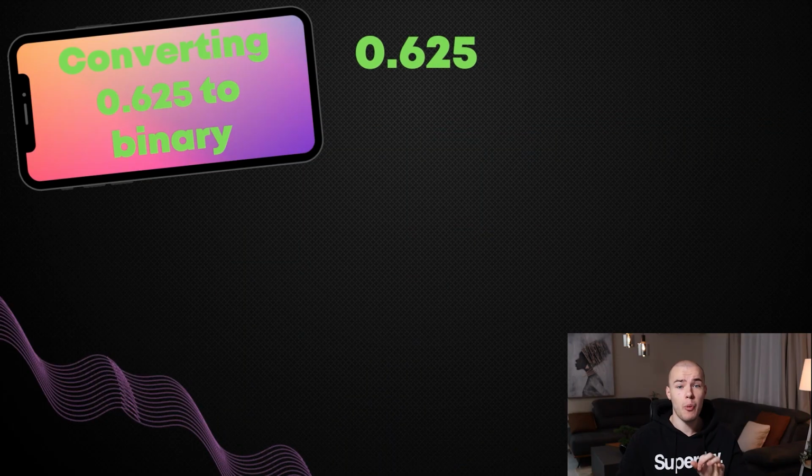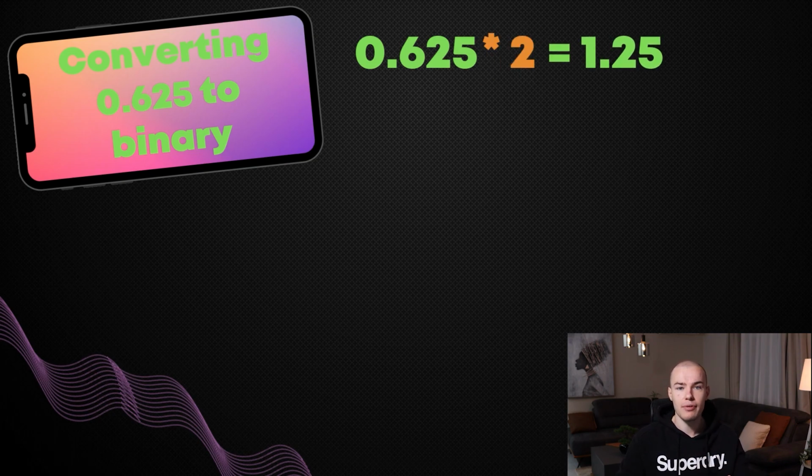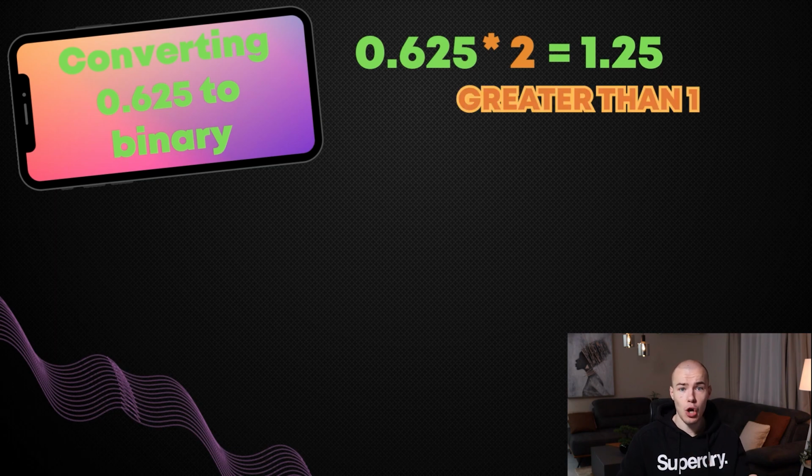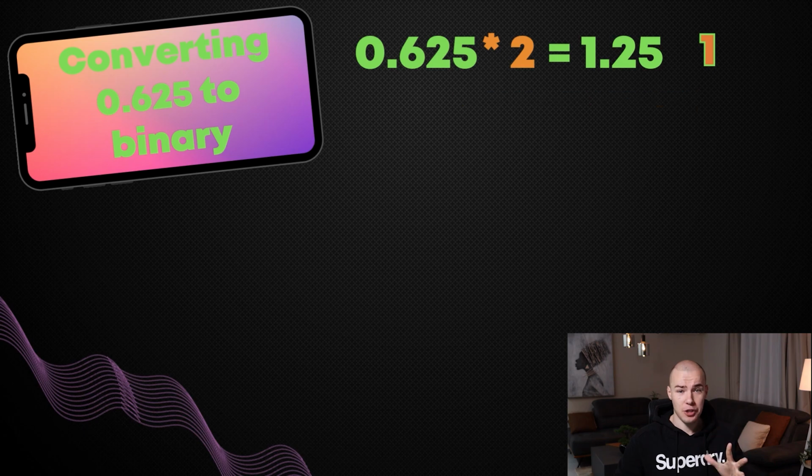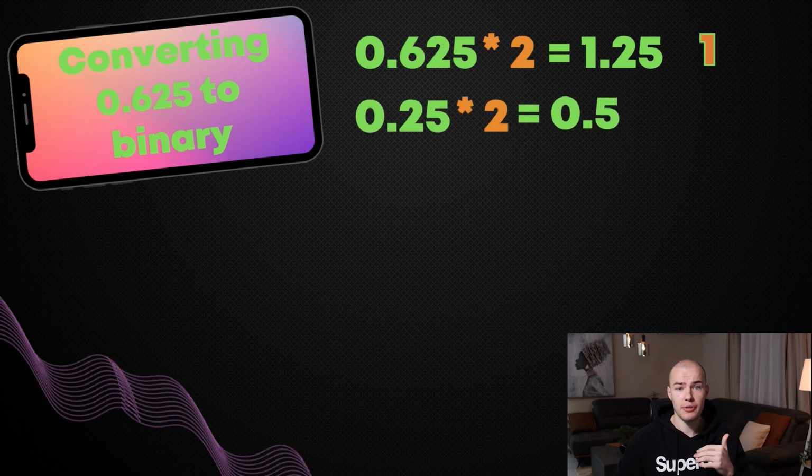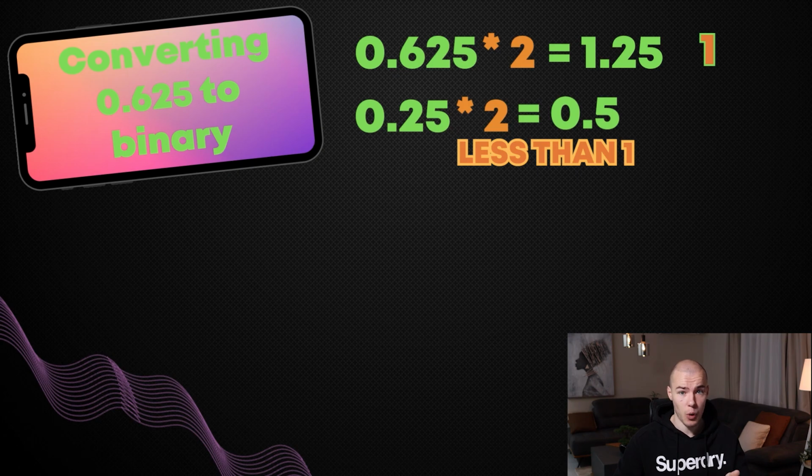We have 0.625. When we multiply it by 2, we get 1.25, which is greater than 1. So we subtract 1 from that number, and we save that 1 as a remainder, so to say. After that, our next step is going to be to multiply 0.25 by 2, and then we get 0.5, which is less than 1, so we save 0.